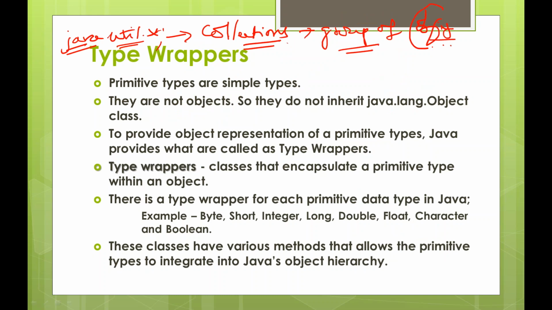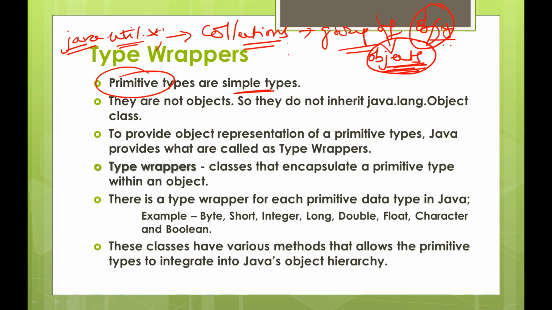So here we are talking only about objects. There is no place for primitive data types at all. That is one simple example. We are talking only about objects, so there is no place for primitive types.